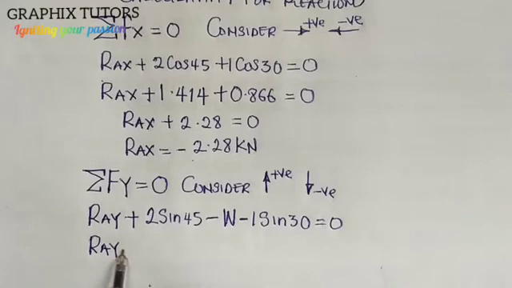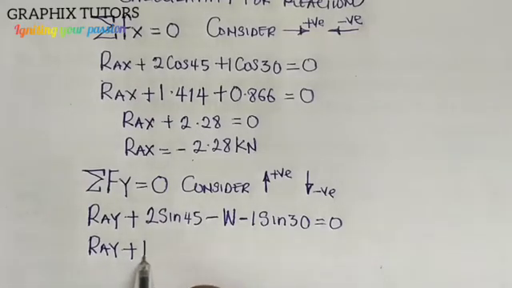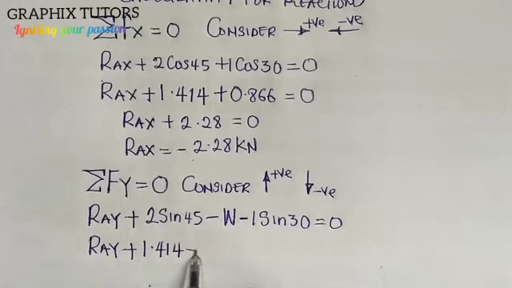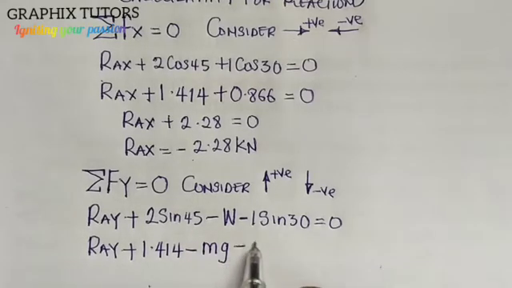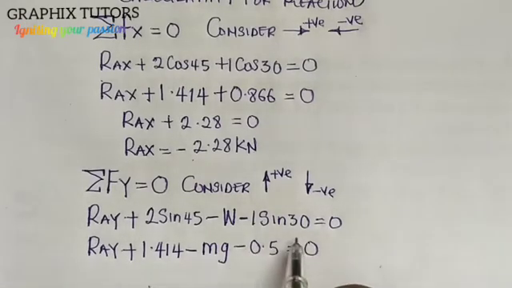Now when we do that, I can write it by saying RAY plus 2 sine 45, which is giving us 1.414, minus the weight, which is the mass times gravity, minus 0.5 equals to 0, because 1 sine 30 is 0.5.